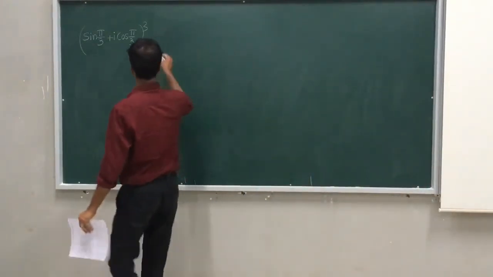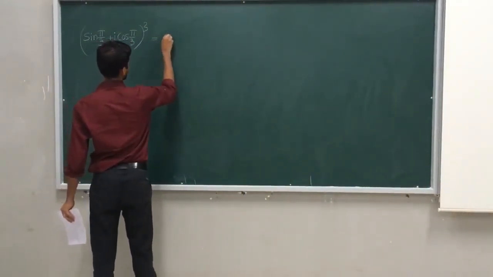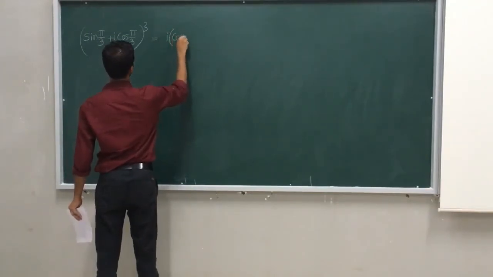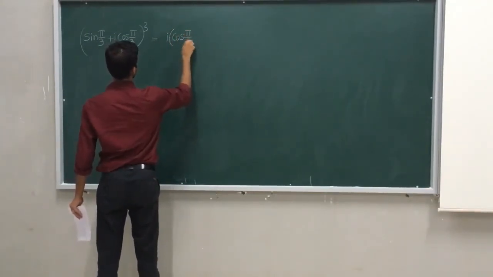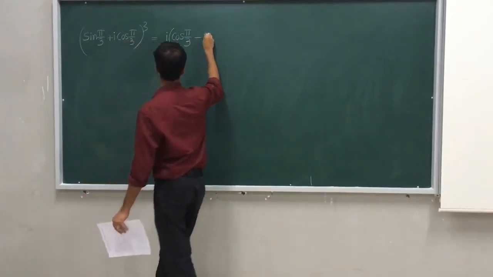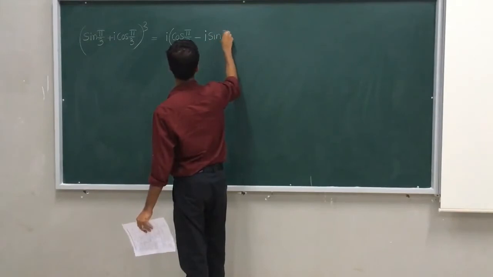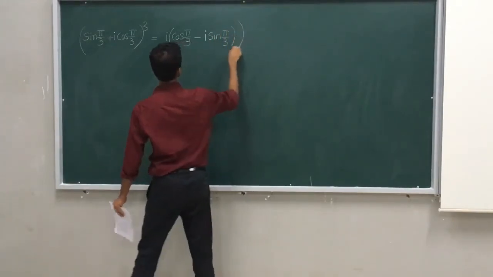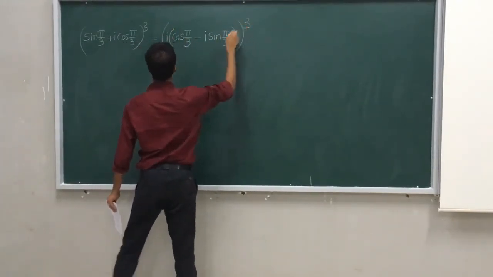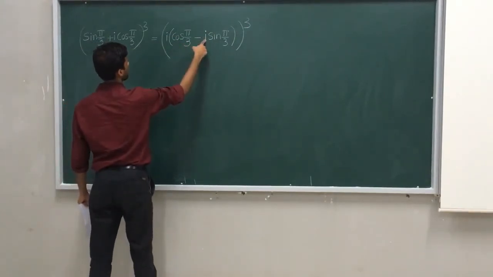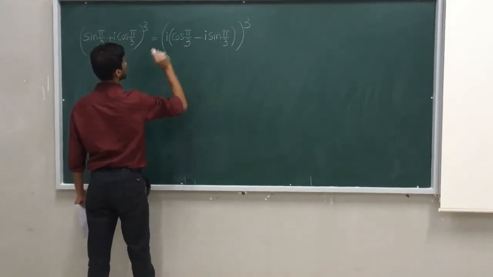So what I will do here is, I will take I common. If I take I common, you are left with cos pi by 3 minus I sin pi by 3. Because I times cos pi by 3, and I into I square is minus 1, so minus becomes plus.